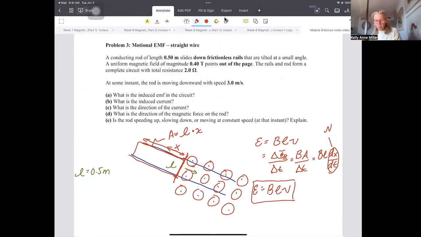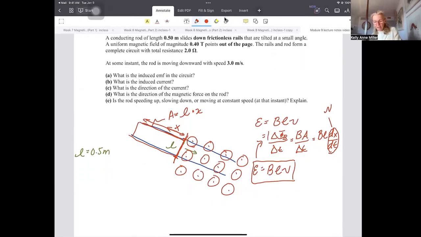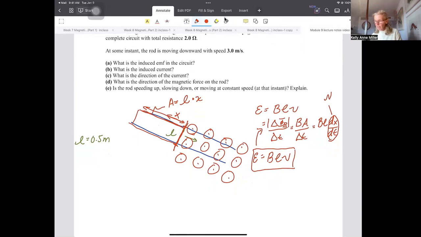But I wanted to make sure you knew where it came from. It comes from Faraday's law. I've dropped the sign here just because I find it easier to figure it out myself at the end.